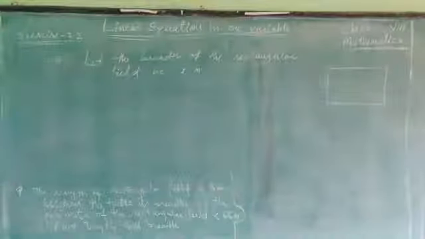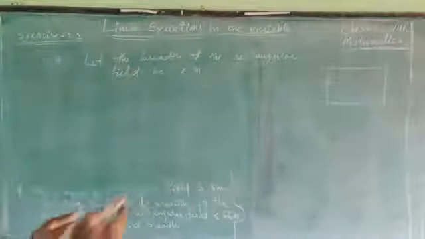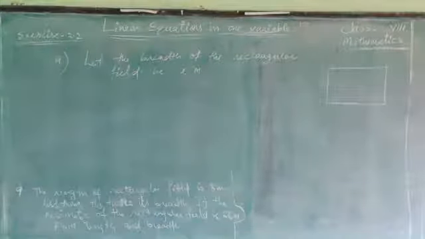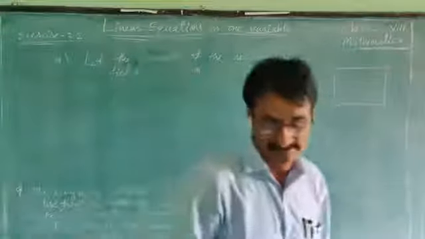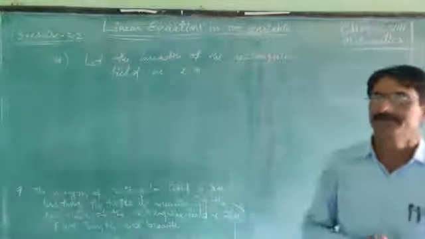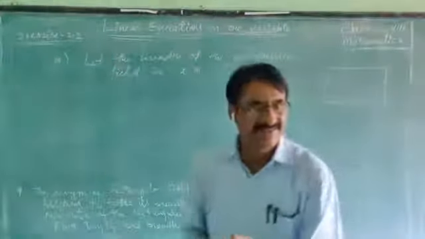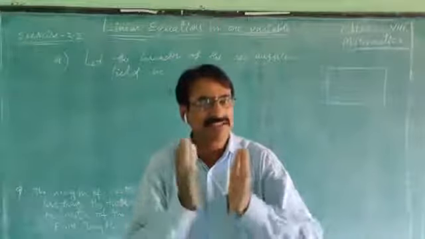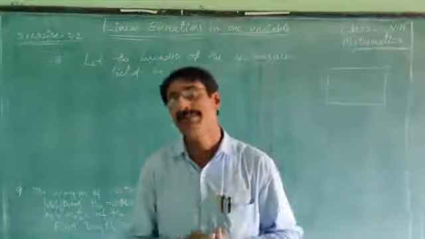Next, see the length. The length of the rectangular field is 8 meters less than twice its breadth. It's very, very important. How to find the length? 8 less means we must subtract 8 from twice the breadth.